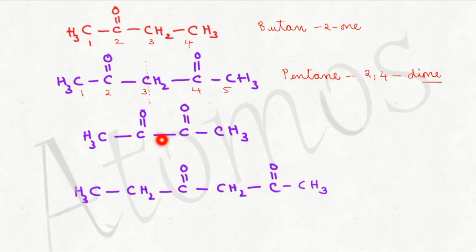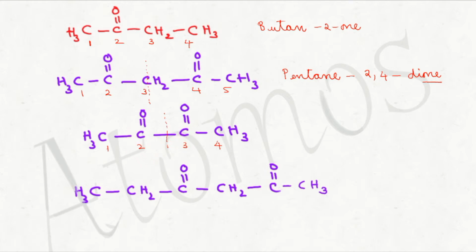What about the next one? This is also a symmetrical compound. Left-hand side and right-hand side are both identical. So we number from left to right: 1, 2, 3 and 4. From right to left also you can number, and that time also the carbonyl groups get the same numbers.